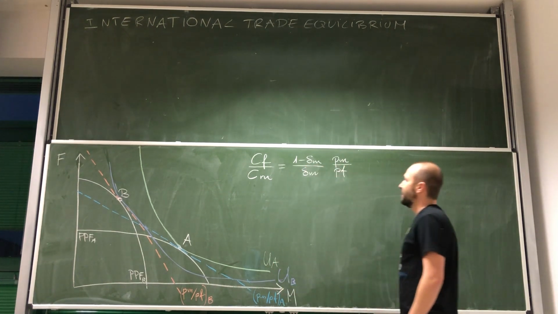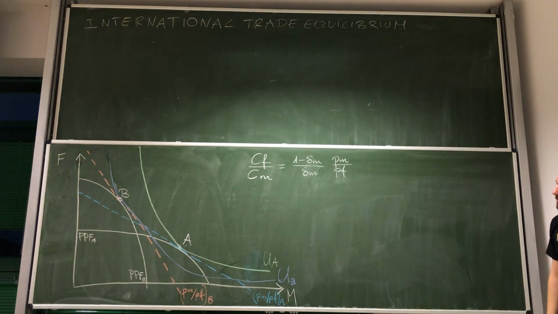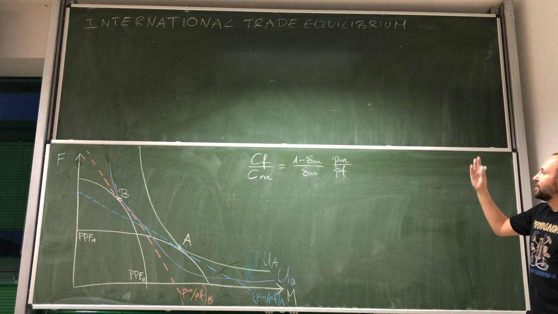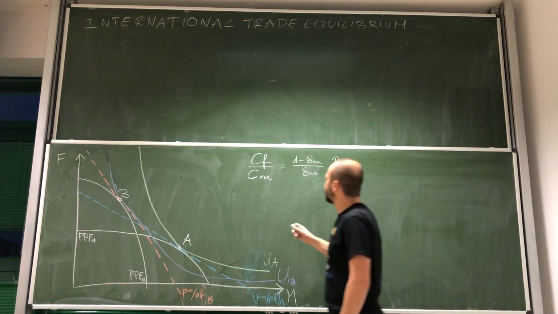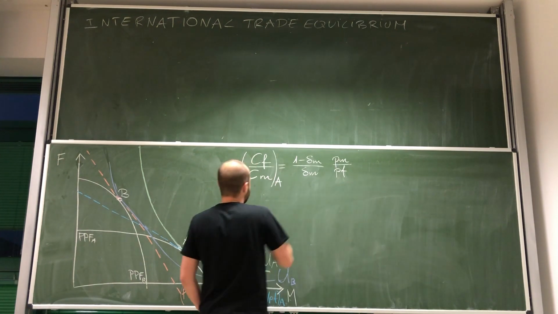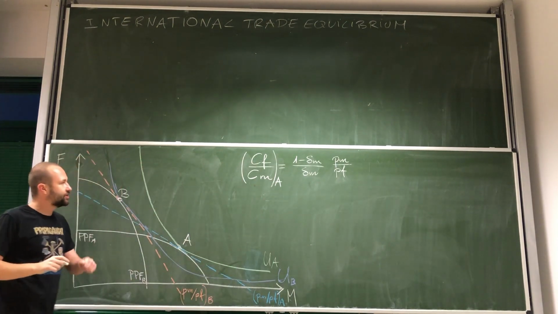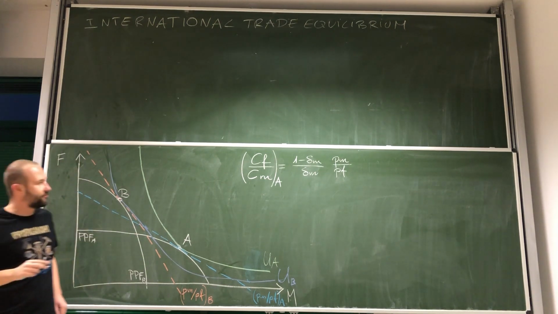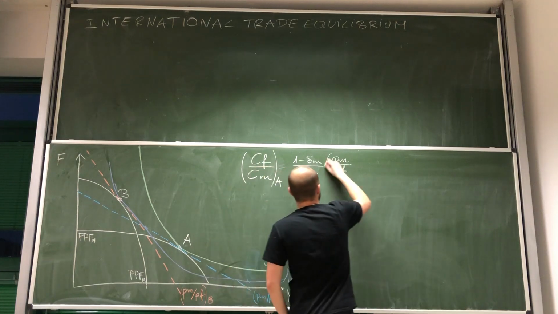But now we know a little bit more, right? Because we know that this is just for one country, right? So we can expect that, for example, this is going to be the ratio of consumption of food to consumption of manufacturing in Austria.